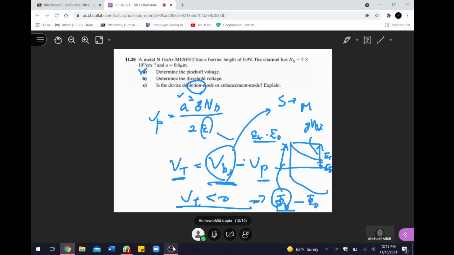As you know, we use kT over q, ln of Nc over Nd. The doping is given. Nc is a material parameter for gallium arsenide and will be given. Using this equation, you can calculate this, and so you can calculate the VBI.